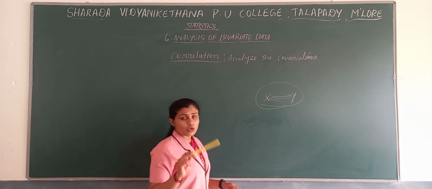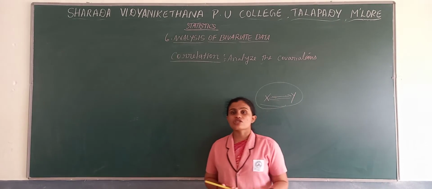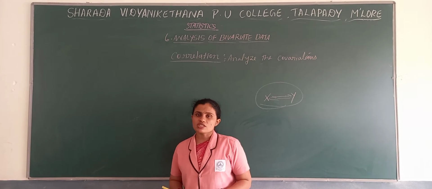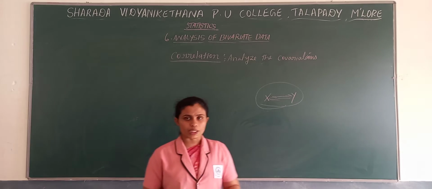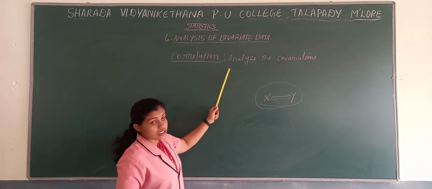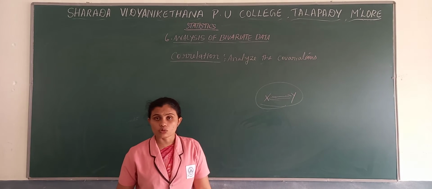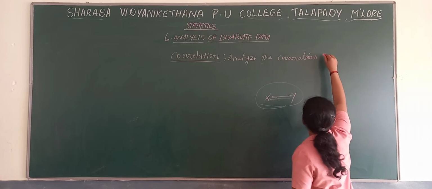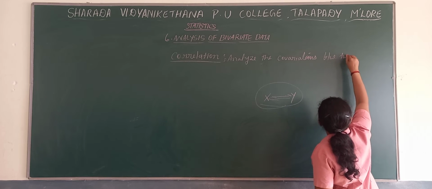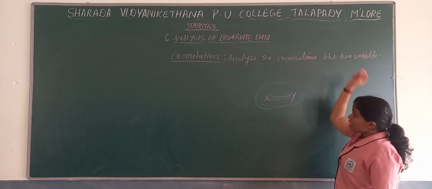In a simple sense, correlation is a statistical device which measures the degree of relationship between two variables. If you want a definition, it is a statistical device which analyzes the covariation between two variables. What is their relationship?